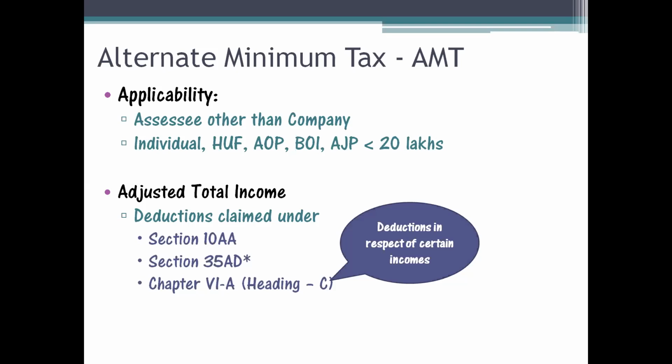Say 80TTA, where there is bank interest income, deduction under chapter 6A will be available. However, section 35AD deduction has a condition. We'll have to add back this 35AD deduction, whatever was claimed, and deduct section 32 depreciation applicable on this amount. We'll have better clarity when we see an example based on this.